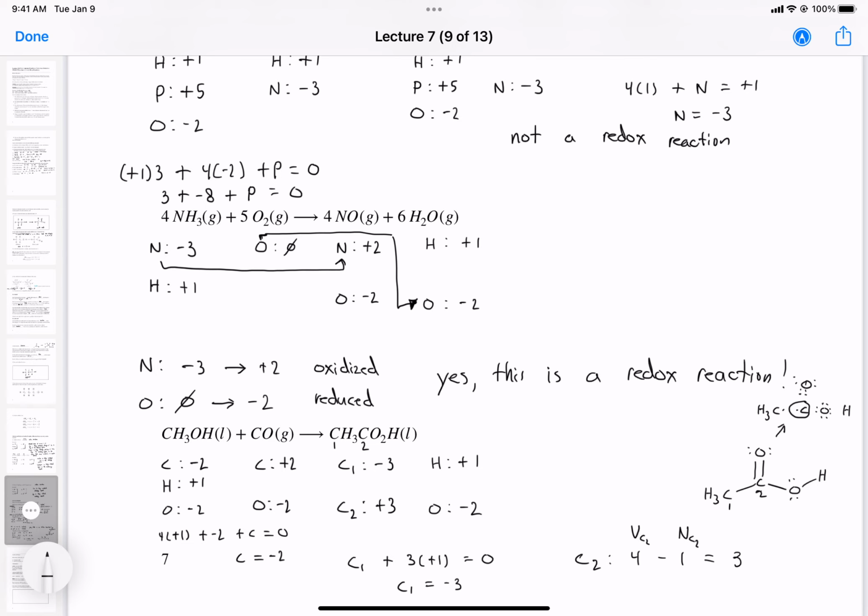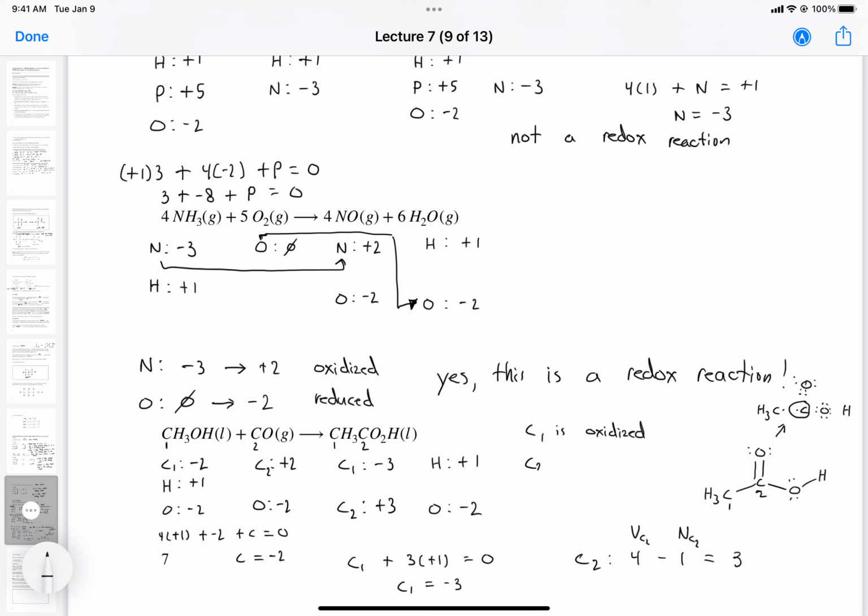That's number 2, I just got a little bit confused here. So look at carbon 1. Carbon 1 is going from -2 to -3. So carbon is oxidized.